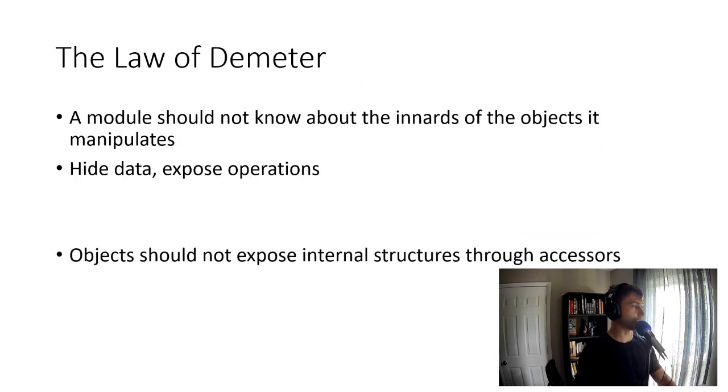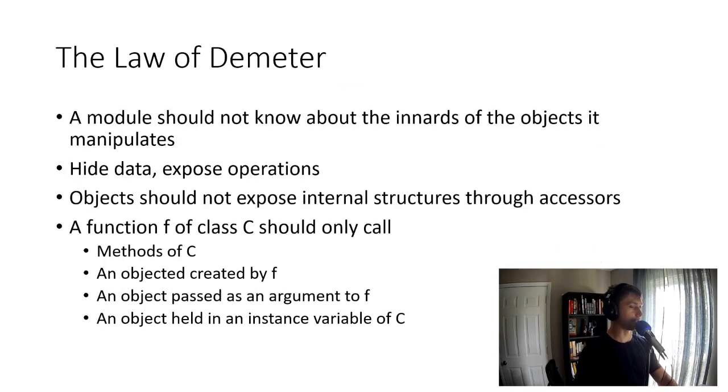All this to say, and to continue on this point of the law of Demeter. The law of Demeter says that a module should not know about the innards of the object it manipulates. We've kind of already been talking about this. That's why you create an employee DTO, in order to hide the instance variables that you don't want a user to know.